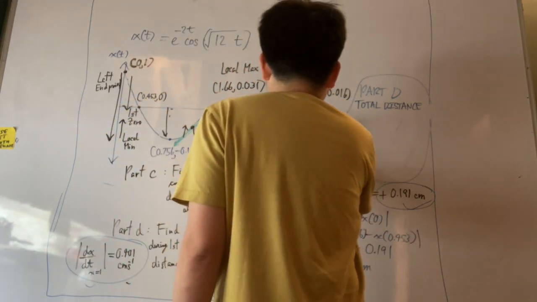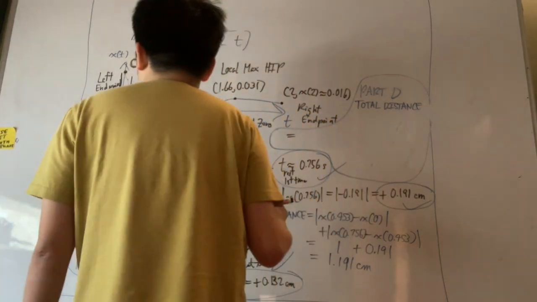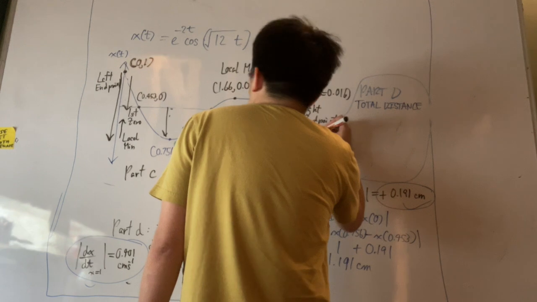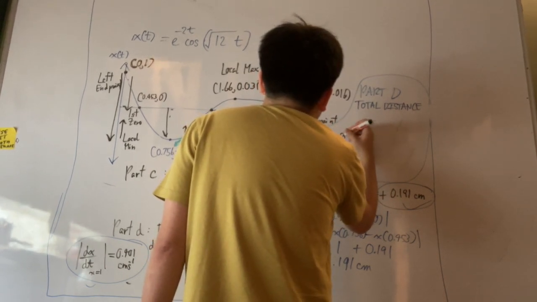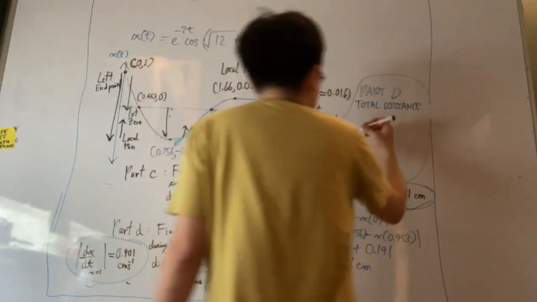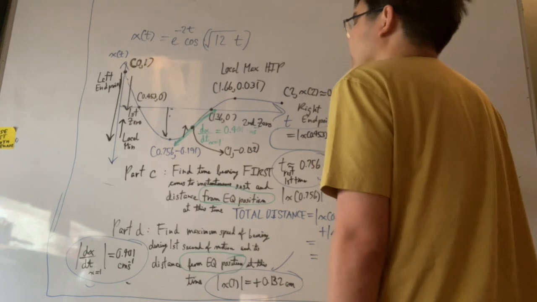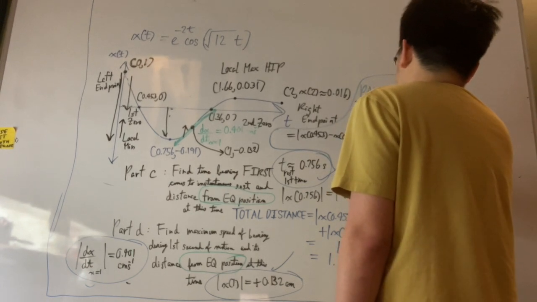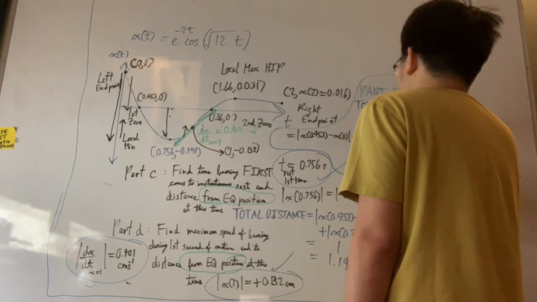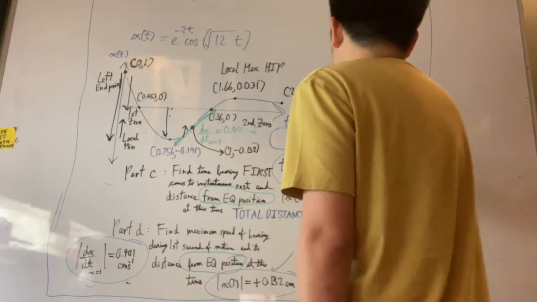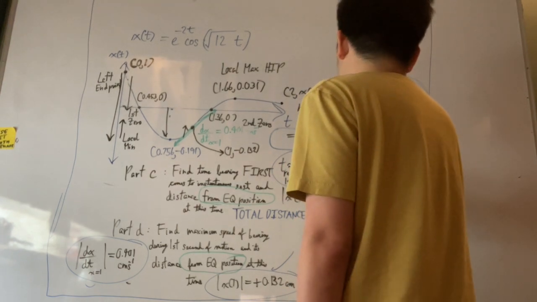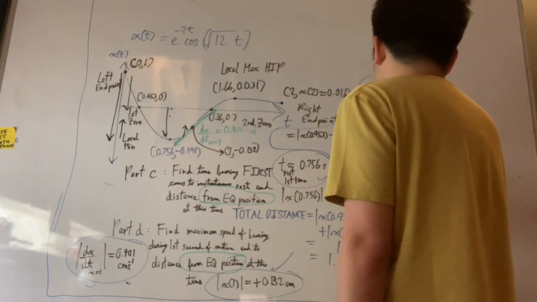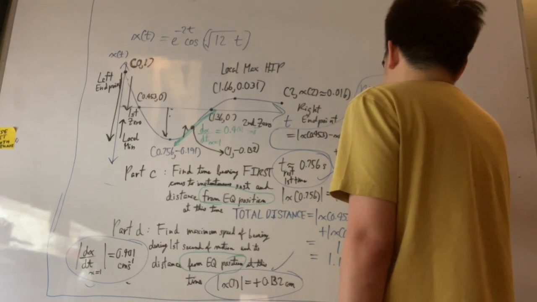So if you want the total distance, that will equal, and I'm just going to write it like this right now, the absolute value of x of 0.453 minus x of 0, if you do it formally, plus the absolute value of x of 0.756 minus x of 0.453, then plus the absolute value of x of 1 minus the absolute value of x of 0.756.